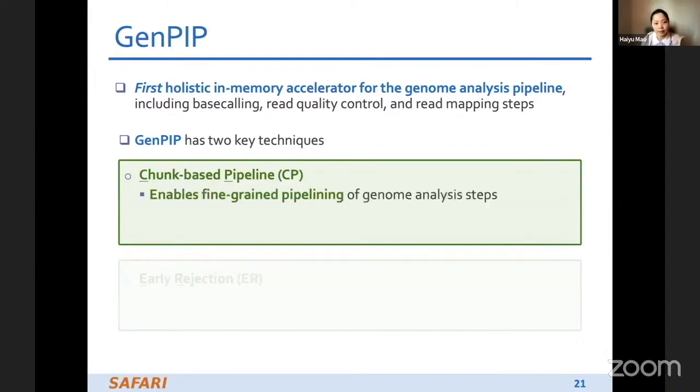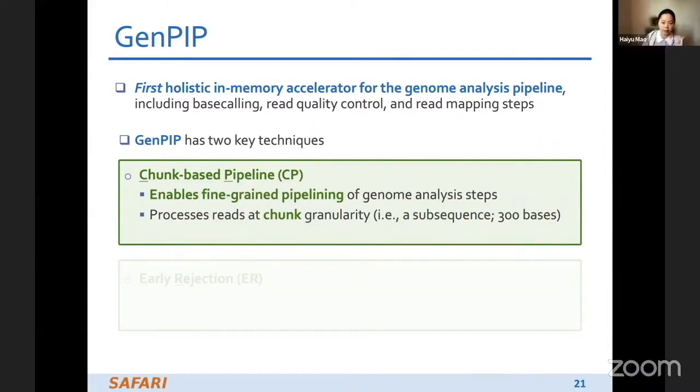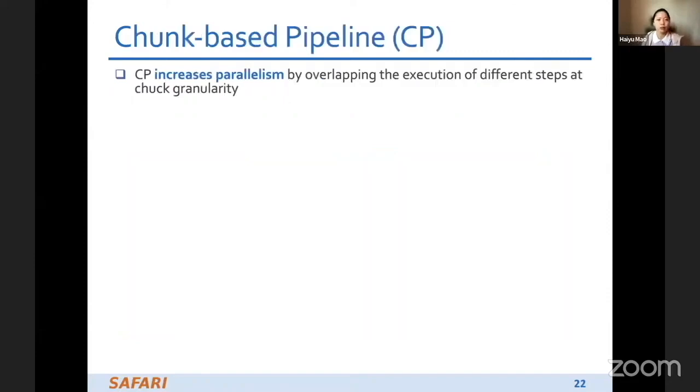It enables fine-grained pipelining of the genome analysis steps inside the nanopore sequencer, and it processes reads at the trunk granularity, which usually is much smaller than a read. It's a subsequence inside the read.